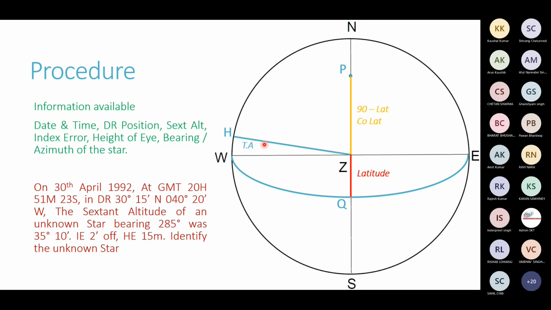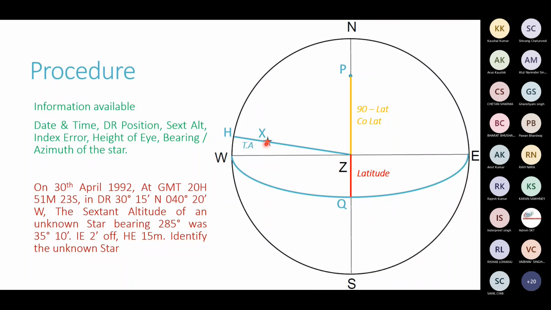So if we mark this true altitude here, we can show the celestial body in the diagram. The celestial body is always represented by the alphabet X. So let's indicate the celestial body, the star, as X, and H to X, Hotel X-ray, represents the true altitude of the star.